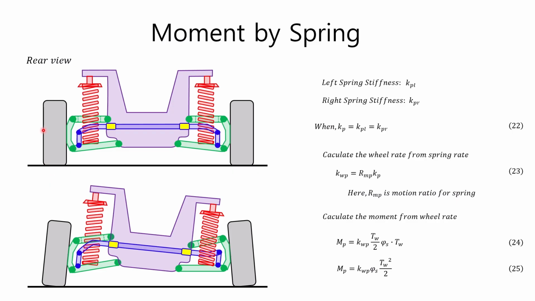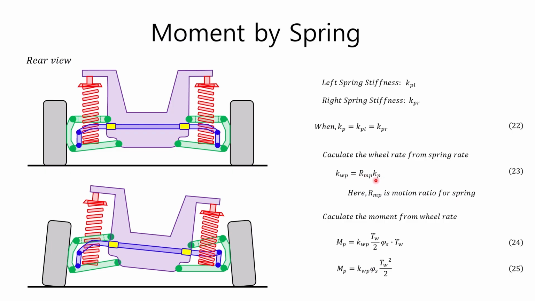If the left spring stiffness is kPl and the right spring stiffness is kpr, and if the left and right spring stiffnesses are the same and the spring stiffness is kp, these relationships can be expressed as equation 22. If the wheel rate is calculated by the spring rate, equation 23 can be obtained.